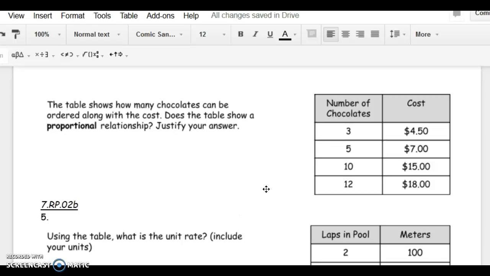Finding or recognizing a proportional relationship in a table, I just divide the y value, in this case cost, by the x value, number of chocolates.